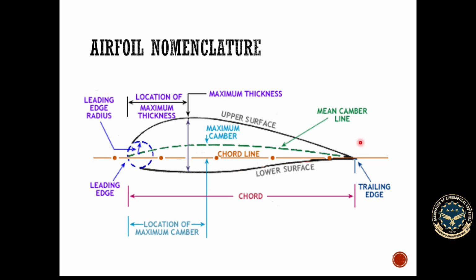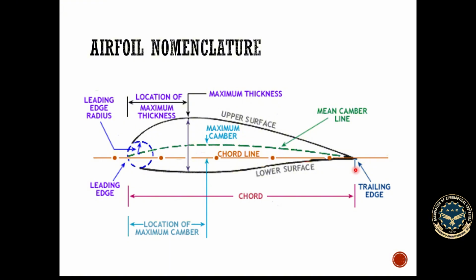And then here you have your trailing edge. Trailing edge is the most aft part of the airfoil. That's where the airflow leaves the airfoil. And then this is your upper surface, and this is your lower surface. For a conventional airfoil, the upper surface is usually curvier than the lower surface.